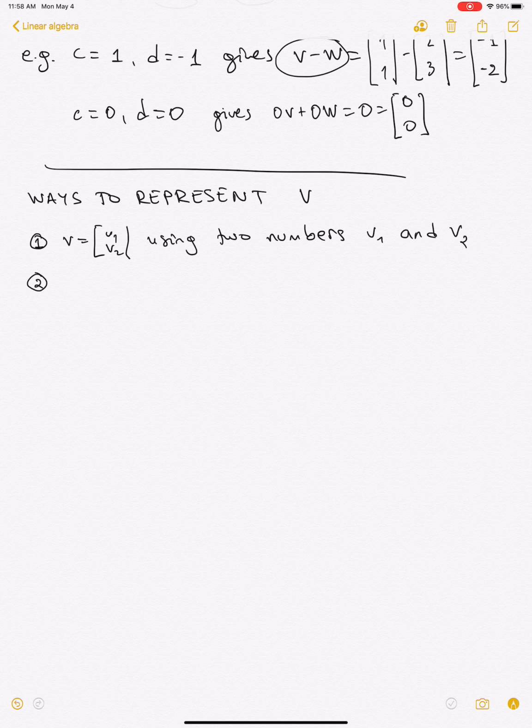Another way to represent v is an arrow from 0, 0, so from the origin. So we can represent it on the Cartesian plane. And the third way would be just a point in the plane. And by that point, we mean the point v1, v2.